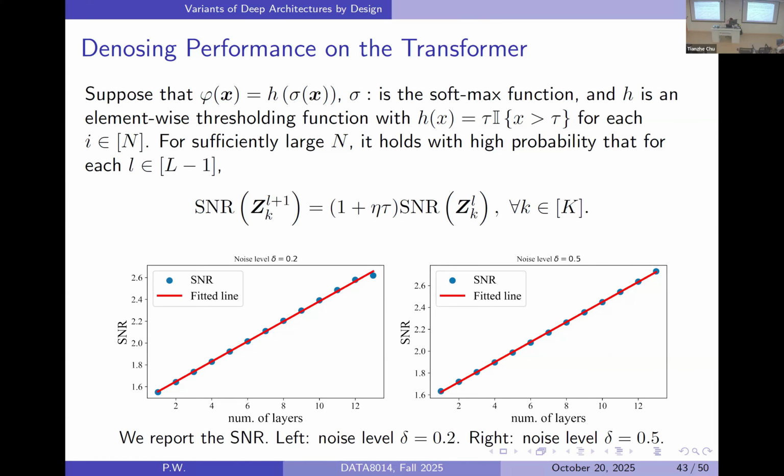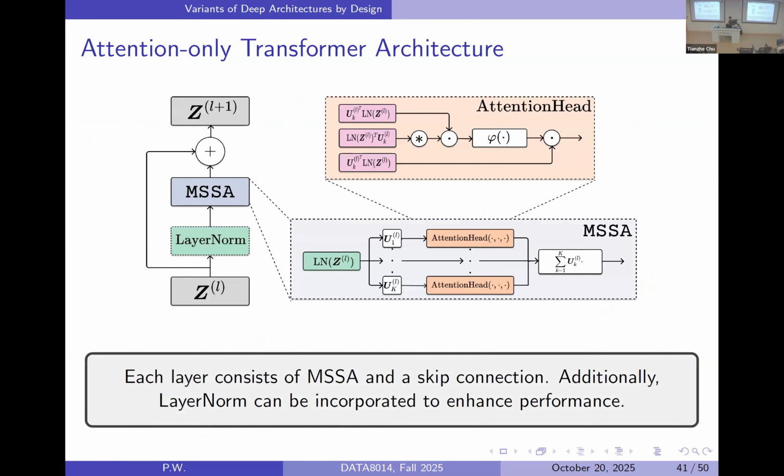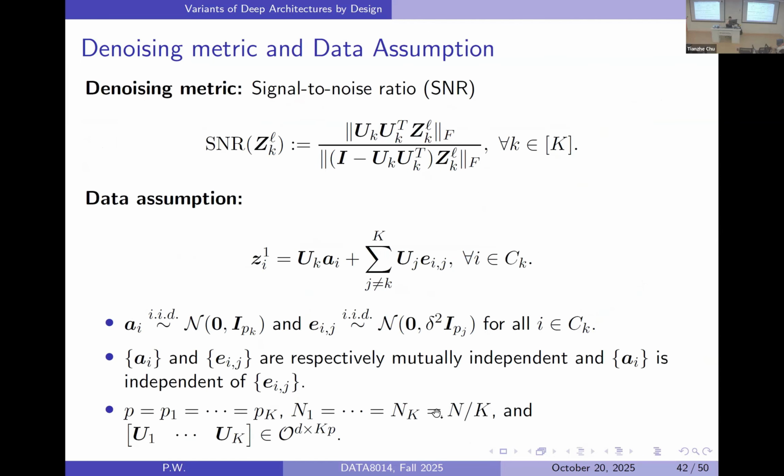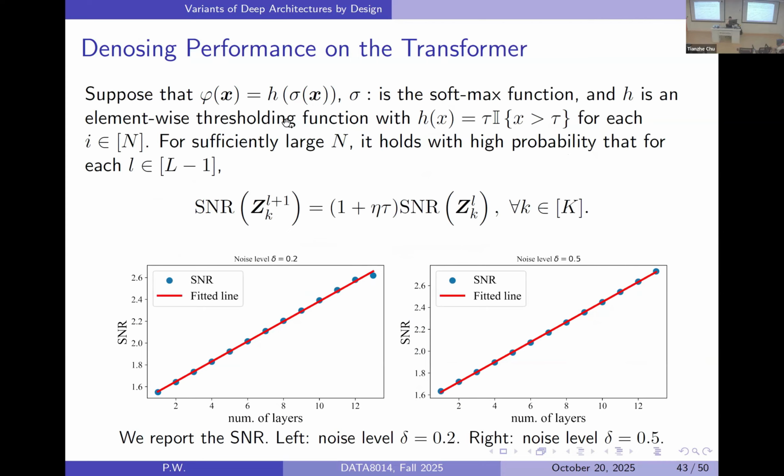That is, suppose this operator, this phi, this operator. This is a composition of softmax and some other operators. And then we show that with high probability, the signal-to-noise ratio metric is layer-wise increasing. You can see here, the signal-to-noise ratio at layer L plus 1 over the signal-to-noise ratio at layer L is equal to 1 plus eta times tau.